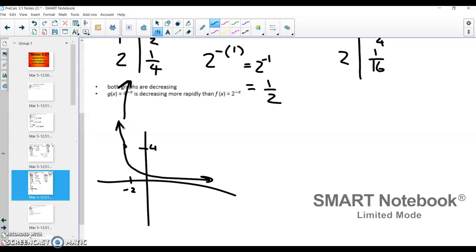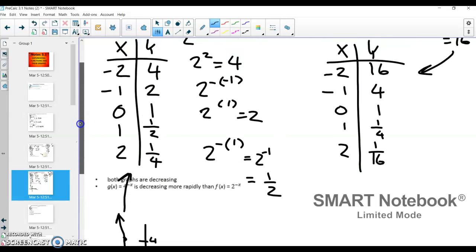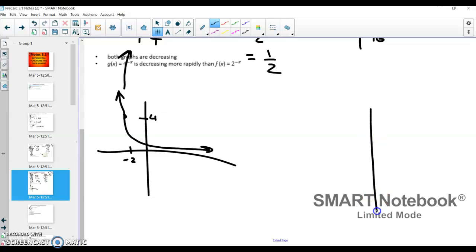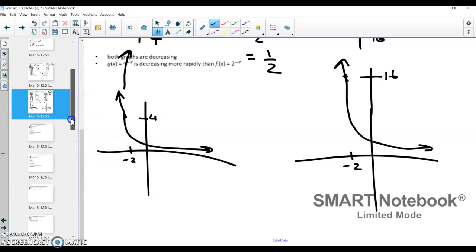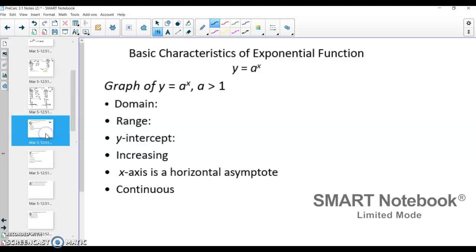Okay? Here we have it increasing a little bit more, and so if we graph this one, we have negative 2 here, up all the way at 16, and then we're going to swoop down as well. These are rough sketches. I should probably plot all the points, but for time I am not, because I believe in us being able to plot points and sketch these if we need to.